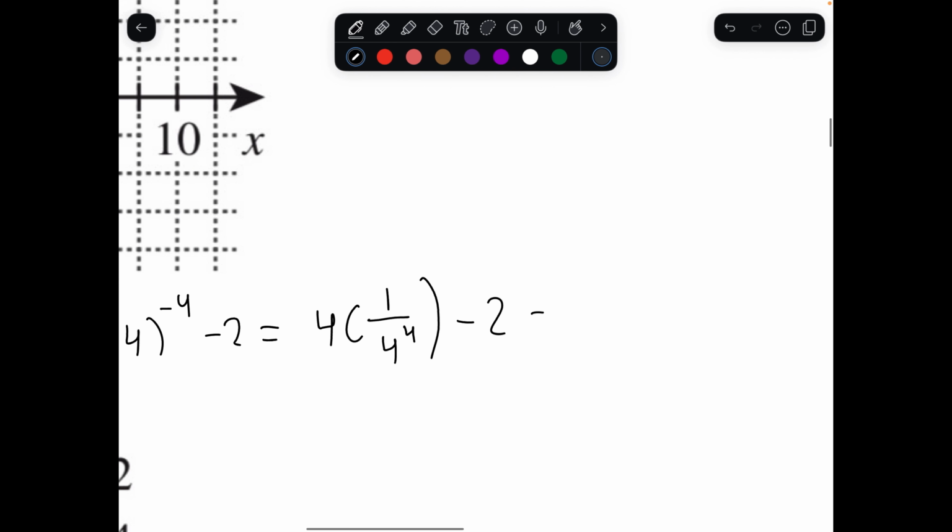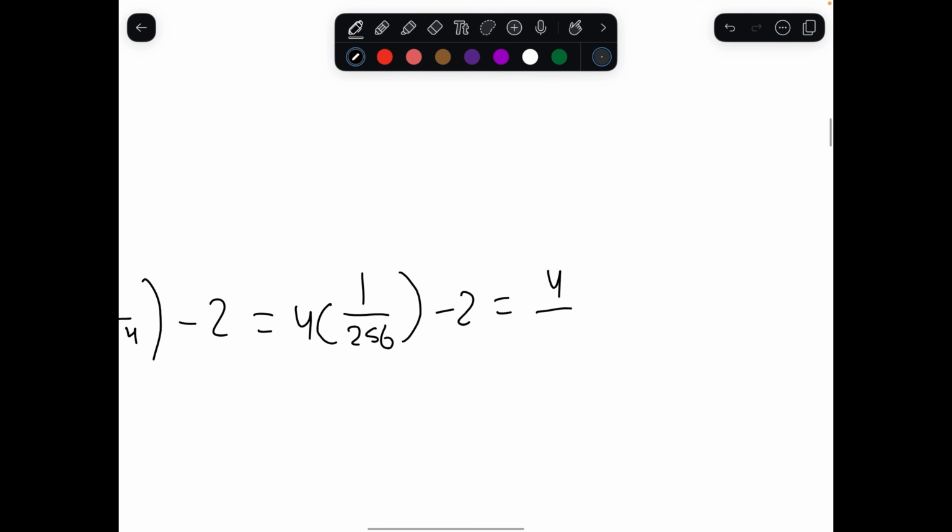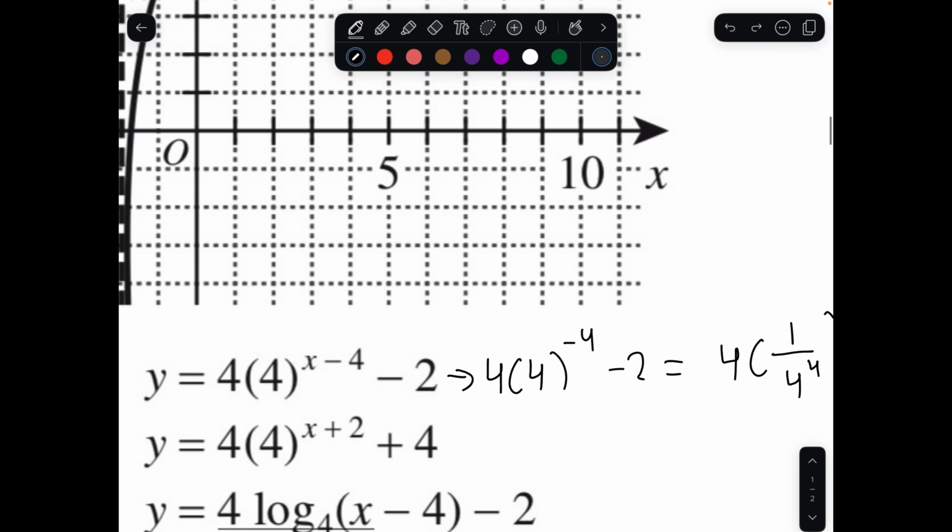And then you get 4 times 1 over 4 raised to the power of 4, which is 256, minus 2. 4 times 1 over 256, well, that's 4 over 256 minus 2, right? And this is less than 1. And something less than 1 minus 2 is going to be negative. So it's not A.